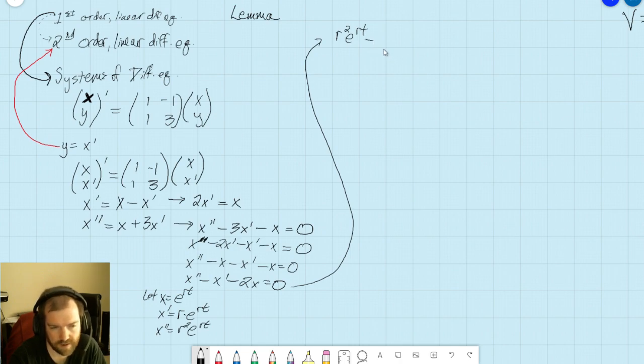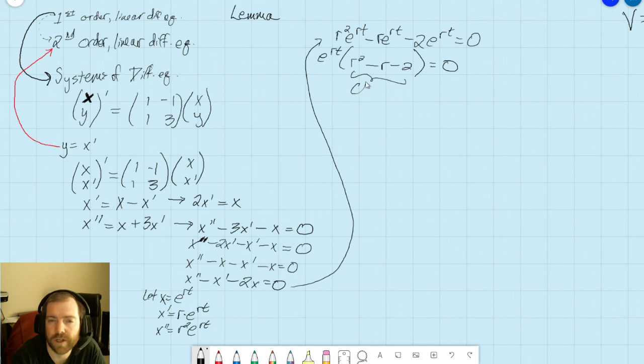minus r e to the rt minus 2 e to the rt equals 0. Factor out e to the rt here. We're left with r squared minus r minus 2.